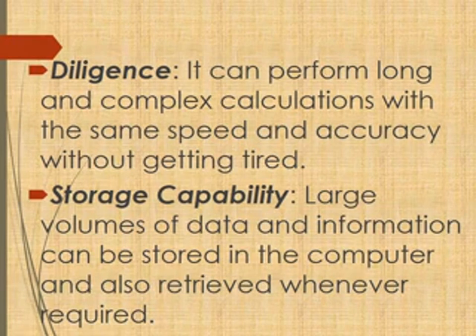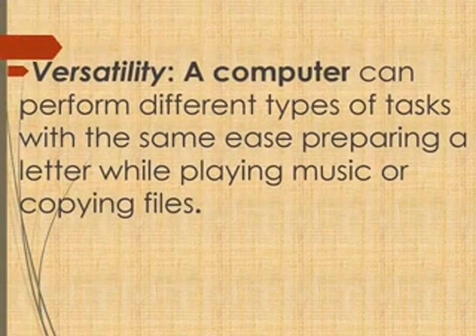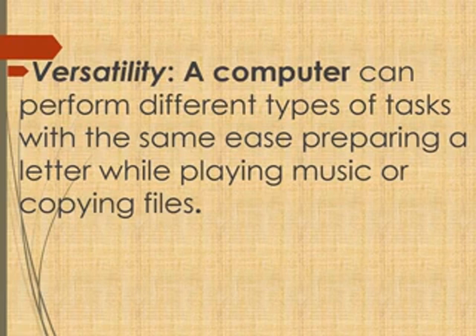Storage capability means large volumes of data and information can be stored in the computer and also retrieved whenever required. Versatility. Now, a computer can perform different types of tasks with the same ease, like preparing a letter while playing music or copying files, quite a number of things you can do at the same time with a computer.